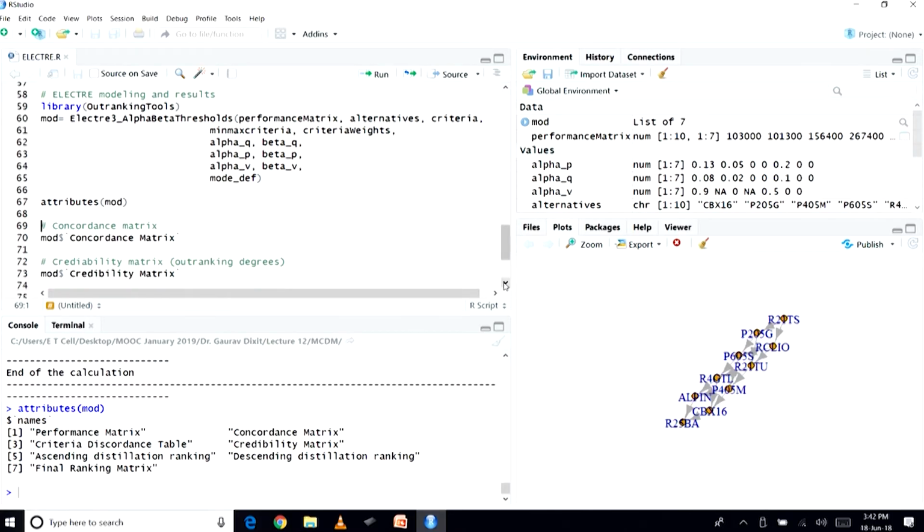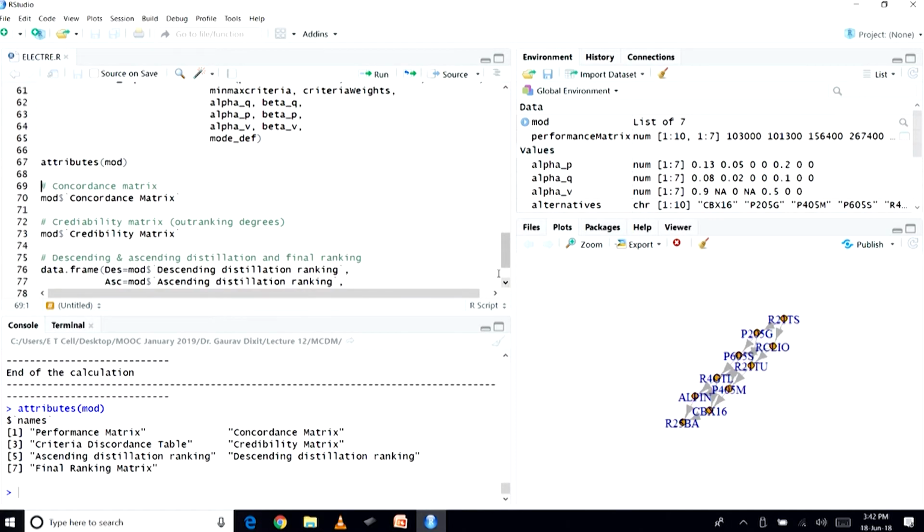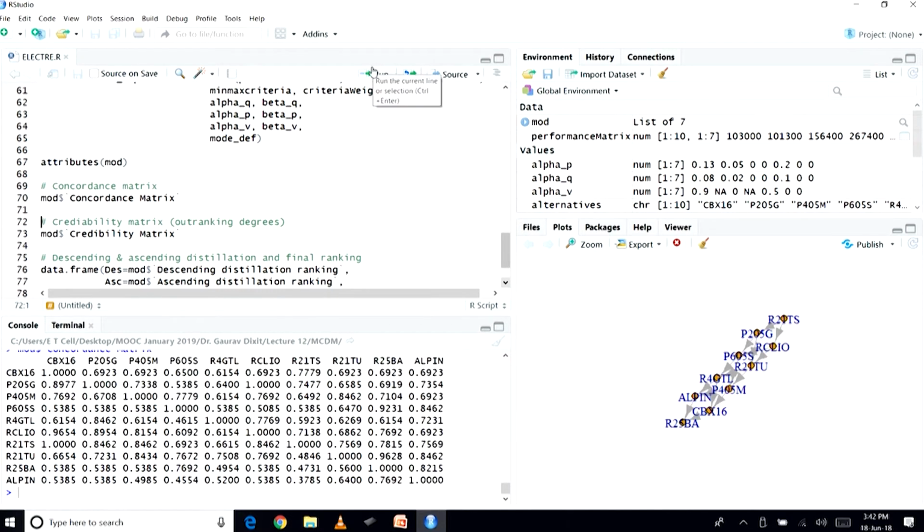The important one, as we have discussed in the presentation slides as well, is the concordance matrix, one important intermediate result that we would like to have a look at. We can always refer to this concordance matrix. You can see here how this has been computed: the weighted sum of partial concordance degrees.